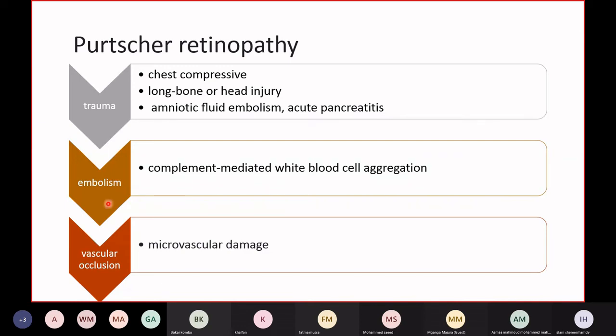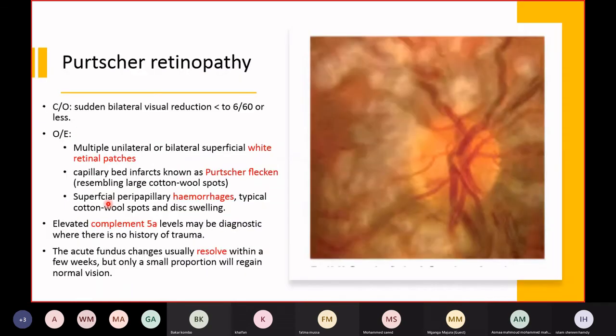It looks like the patient has diabetic retinopathy or hypertensive retinopathy, but in the absence of hypertension or diabetes, you find white retinal patches that look like soft exudates, some hemorrhages, and if there is a history of trauma, diagnose this as Purtscher retinopathy.